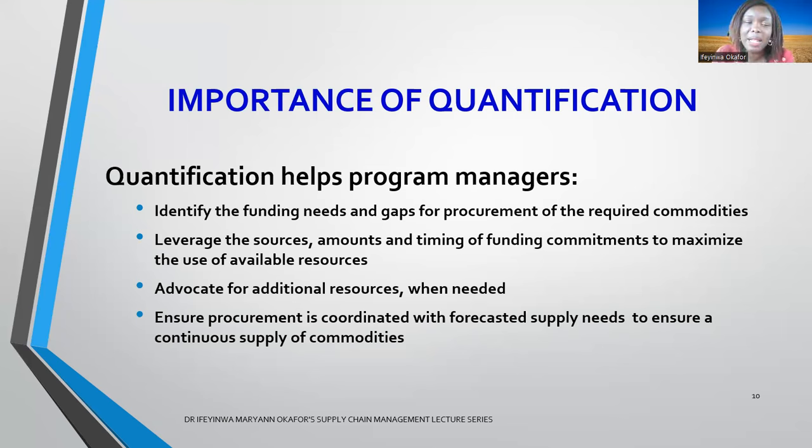It helps the program managers to leverage the sources, amount, and timing of funding commitments to maximize the use of available resources. It also helps program managers to advocate for additional resources when needed. It also helps to ensure procurement is coordinated with forecasted supply needs to ensure a continuous supply of commodities.